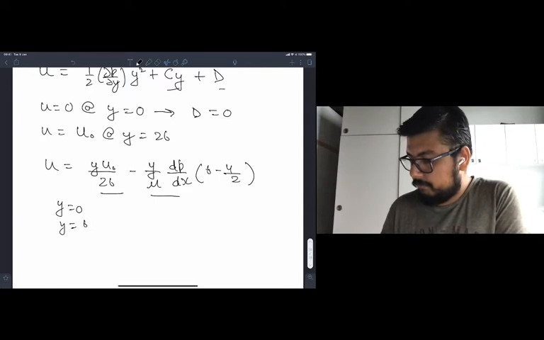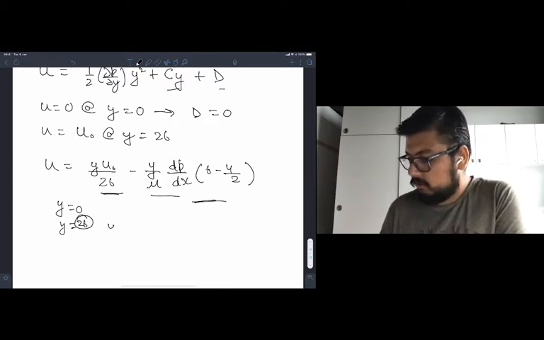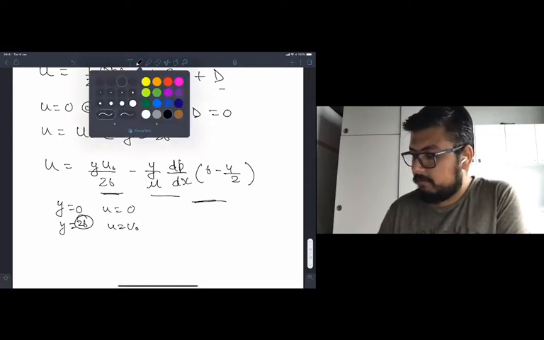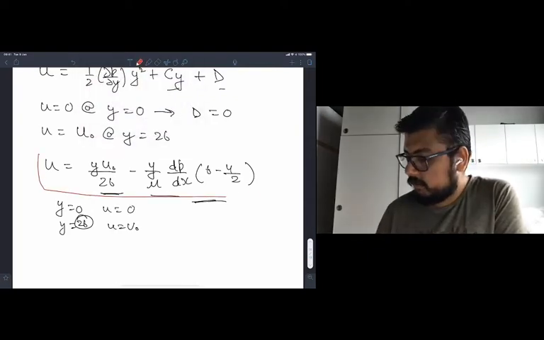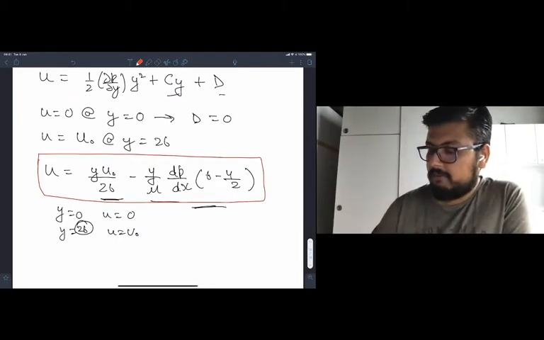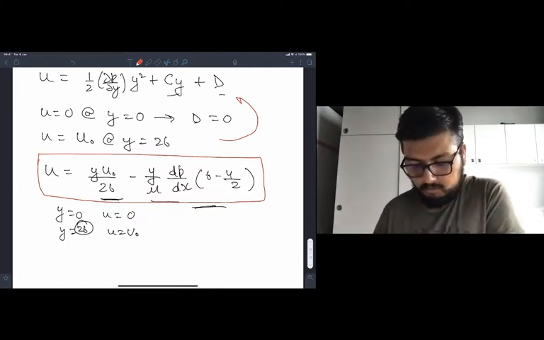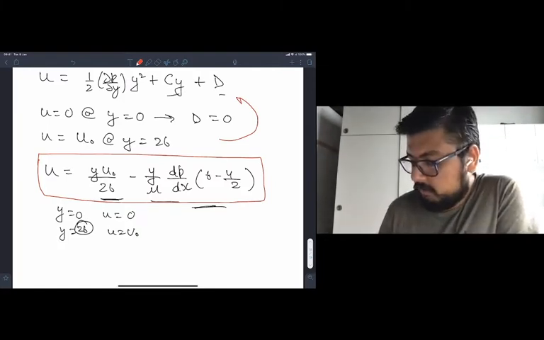And if y is equal to 2b, then this term goes to 0, but this term goes to u naught. So this gives me u equal to u naught, and this one gives me u equal to 0. So that means that this equation is correct. Of course, I would want you to fill in the boundary conditions and then find out the same solution. But this is what you will get at the end.